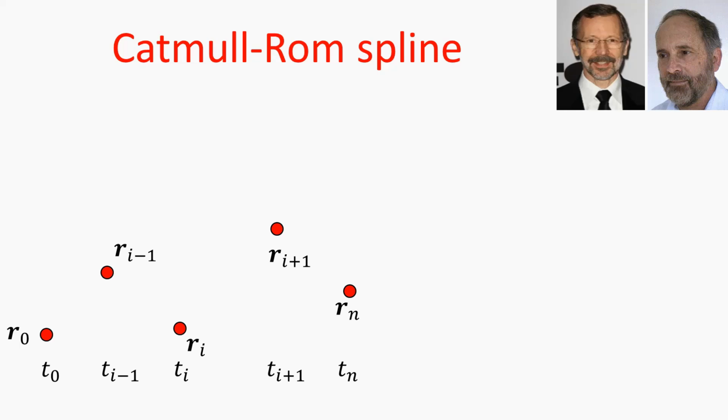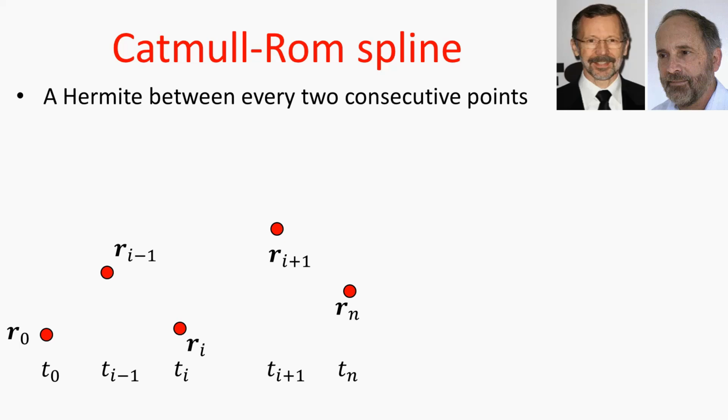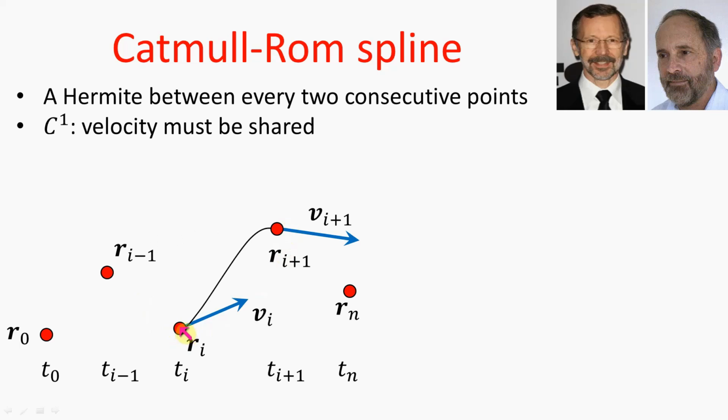There are many different splines. I will introduce just a single one, the Catmull-Rom spline. The idea here is that we insert an Hermite curve between every two consecutive control points. The Hermite curve is defined by the start and the end, and the velocity at the start and the velocity at the end.